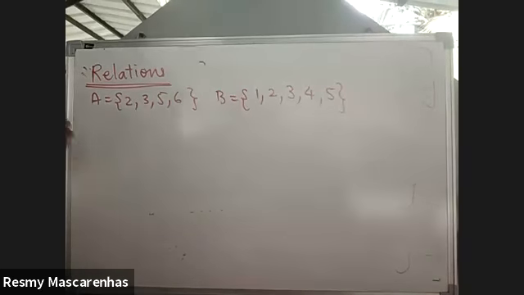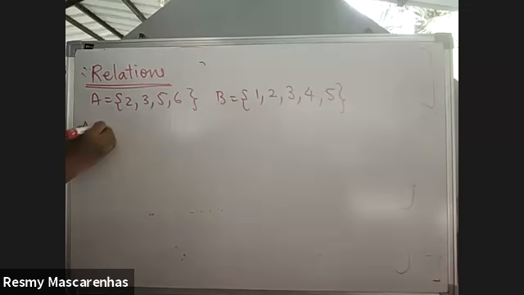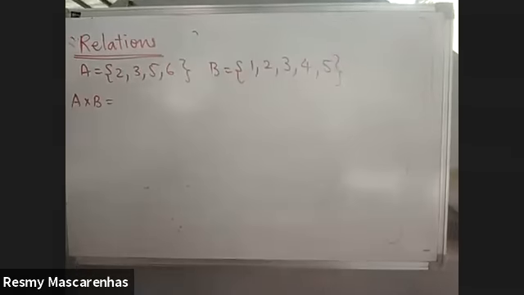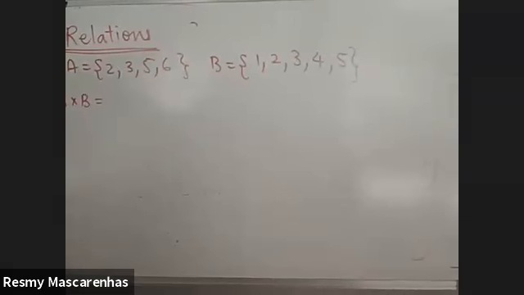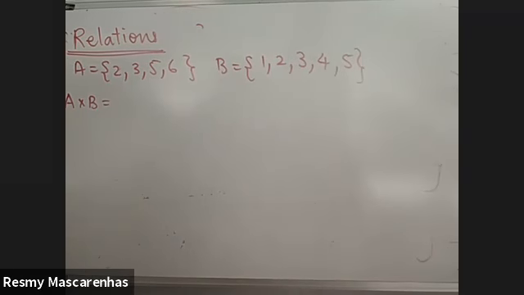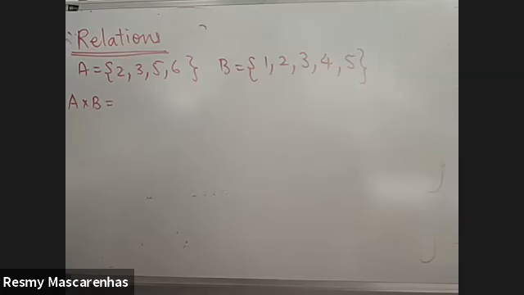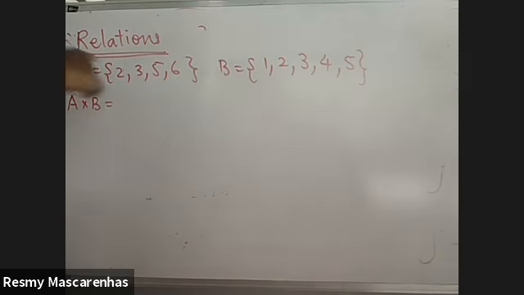First, just find the Cartesian product. Just now I told you how to find a Cartesian product. So find A cross B. Let's find A cross B. So start finding the pairs.